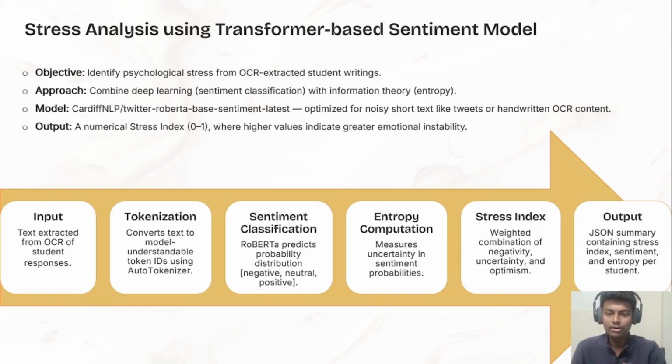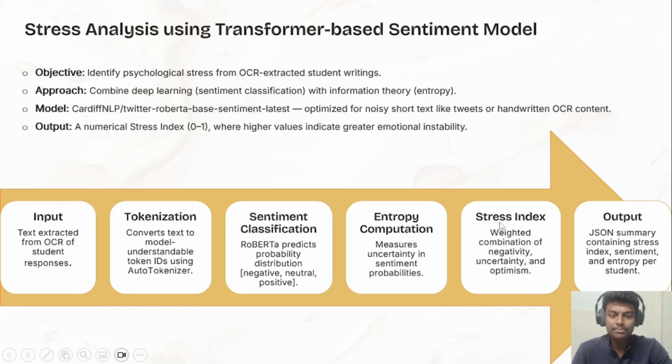If the positive, negative and neutral probabilities are all in the same ratio, then our model is very random, so entropy will be high. That will suggest higher stress. If one probability is high, suppose a person is highly positive, with positive at 0.9 and negative at 0.1, its entropy will be less, so it will indicate less stress.